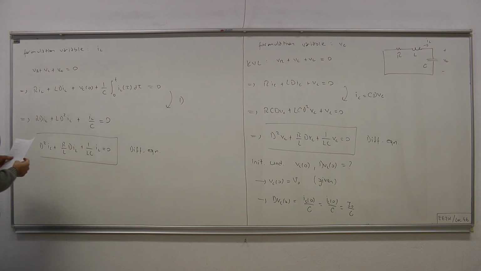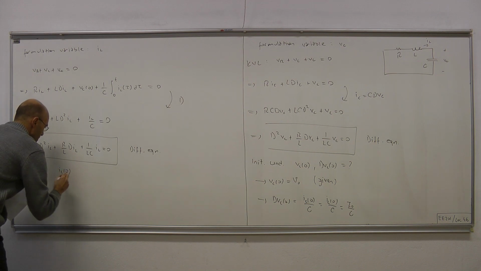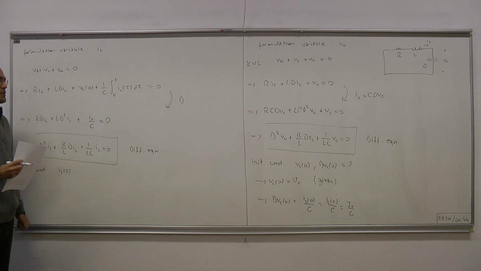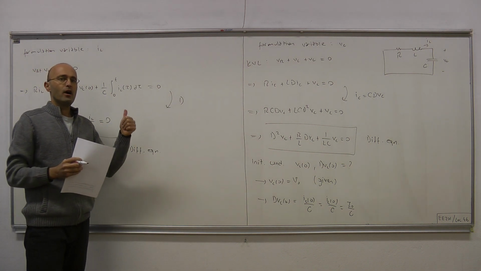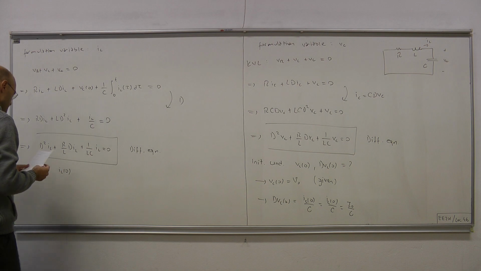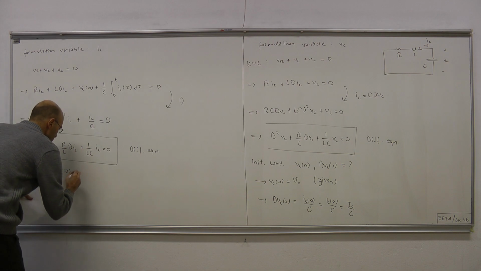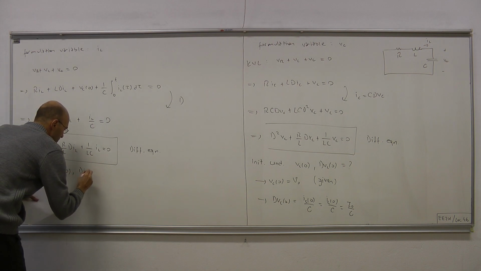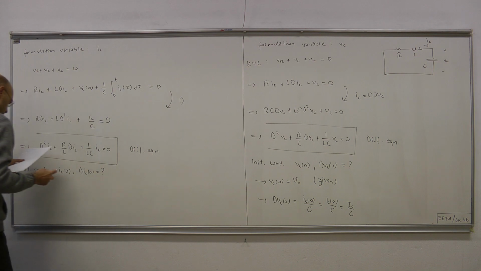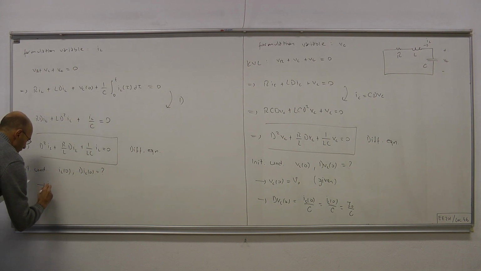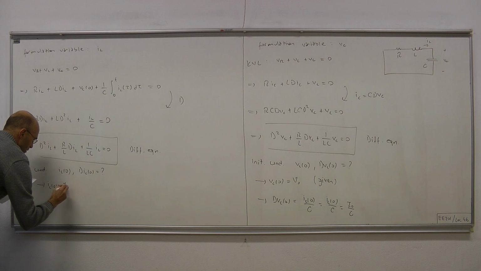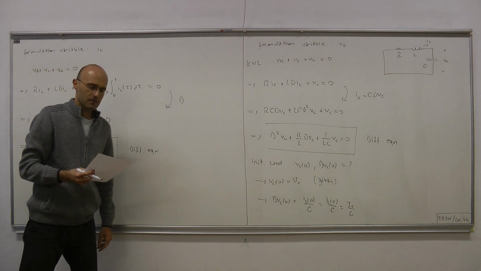Okay, so let's figure out the initial conditions. So in this case, since the differential equation is in terms of IL, we require IL(0) and dIL(0). So we have IL(0) equals I0 automatically because that's given.